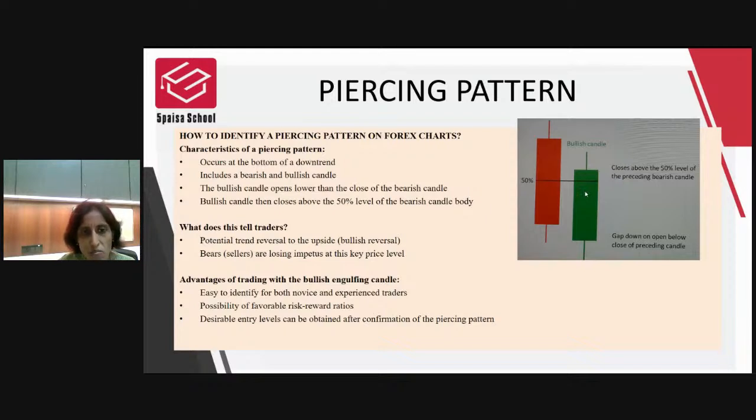A potential trend reversal to the upside, which means a bullish reversal is to be witnessed. It indicates that the bearish sellers are losing impetus at this key price level, and the bulls are about to control the market.